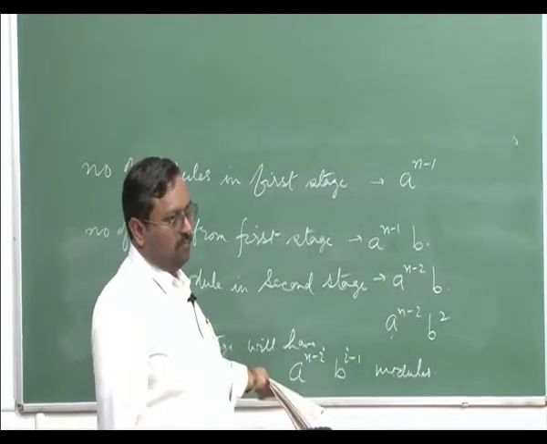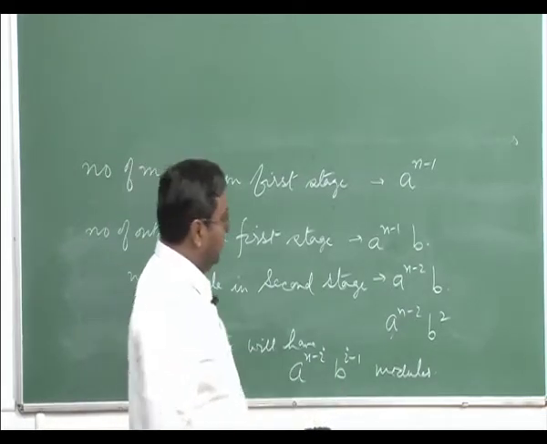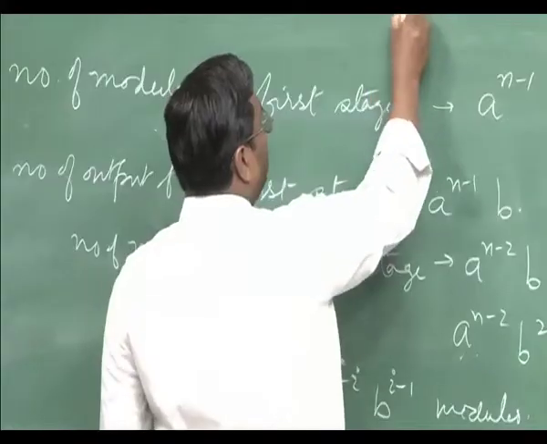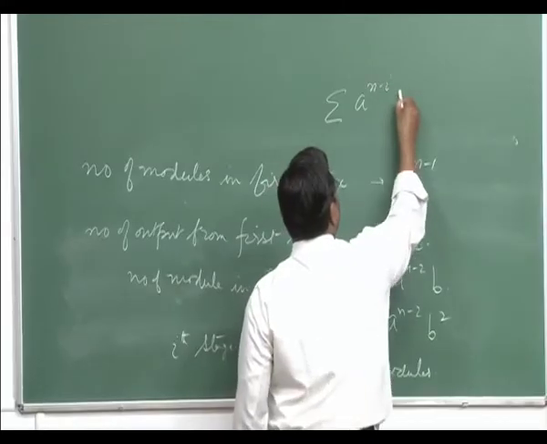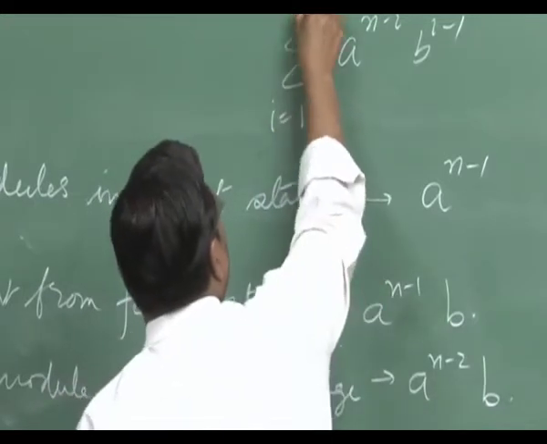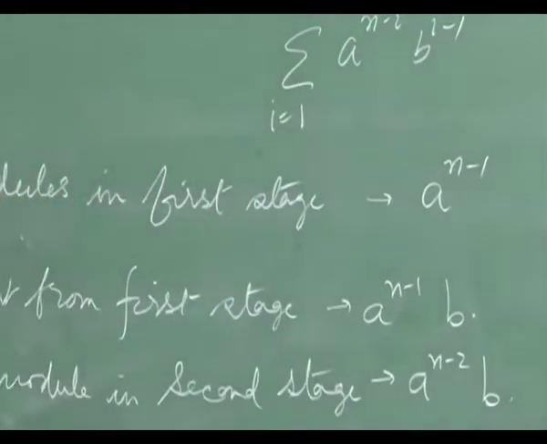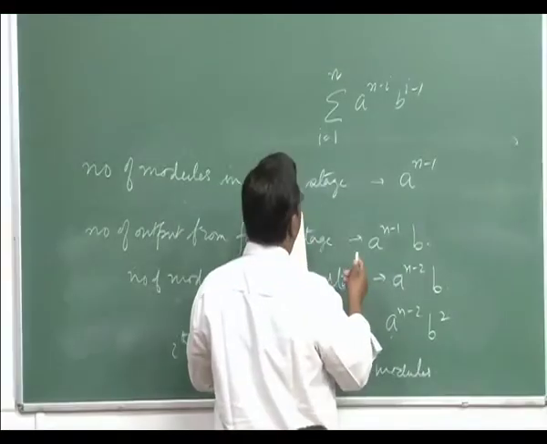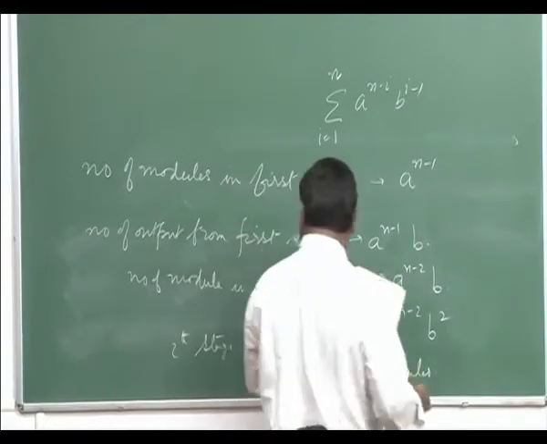I can do a summing up of all this with index i. The total number of modules will be this, and I can now sum it up.